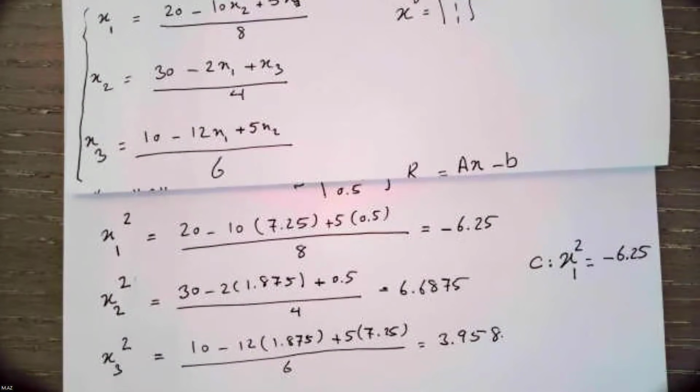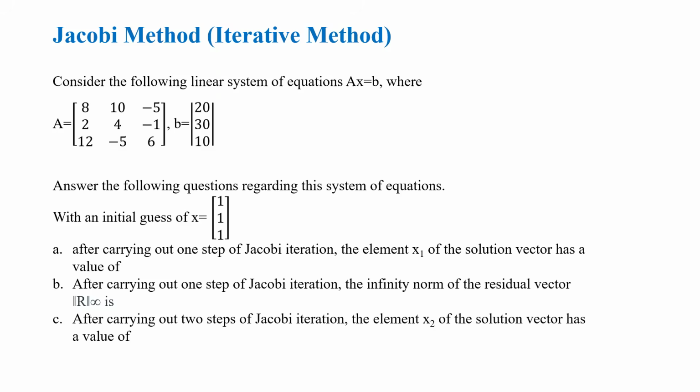Let's look at the next part. Sorry, for part C, we have to find the value of the element x of 2 after the second iteration, or after two steps of the Jacobi.